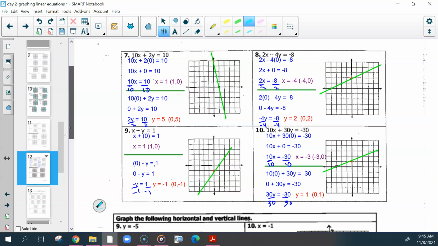This one had intercepts of negative 4 and 2, so you had a positive line. This one had intercepts of 1 and negative 1, so you had a positive line. This one had intercepts at negative 3 and 1, so you have a positive line. Did anyone do those four by converting and need to see the equation for any of those?